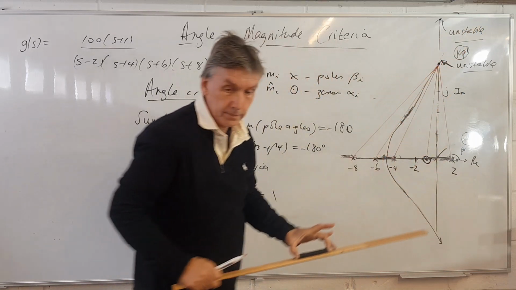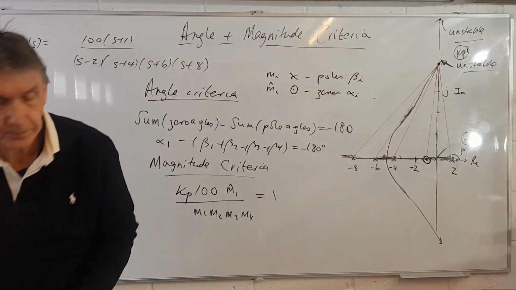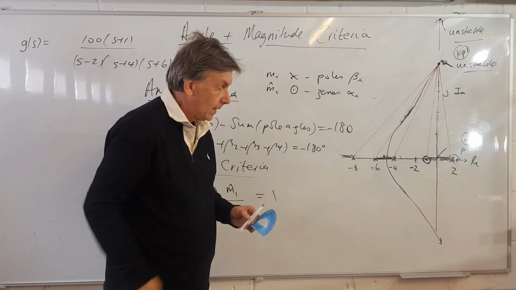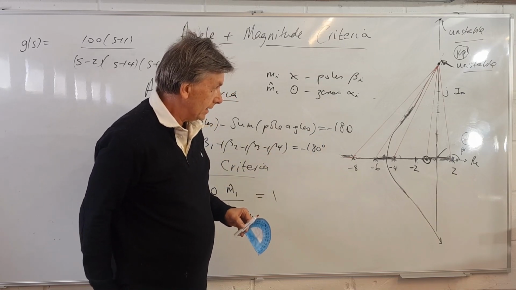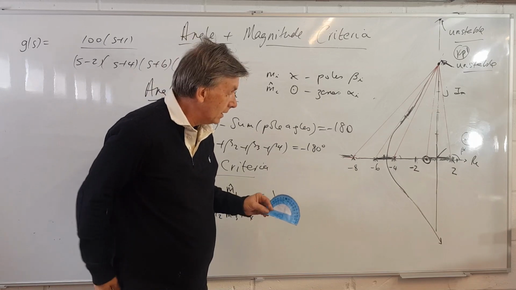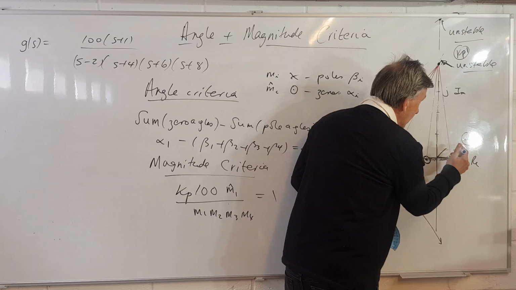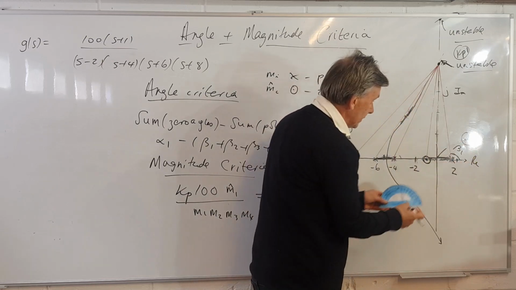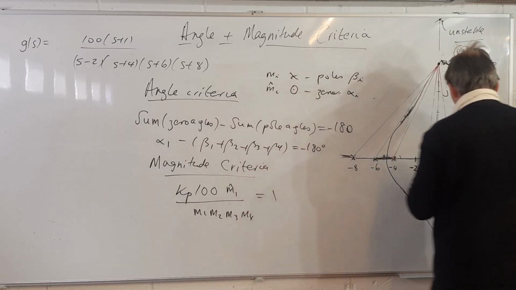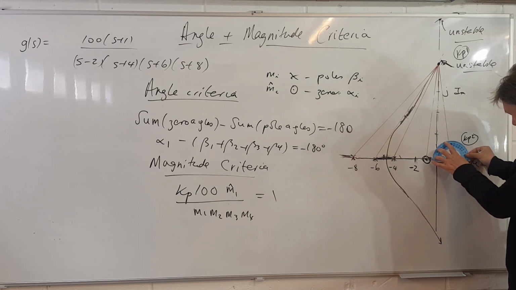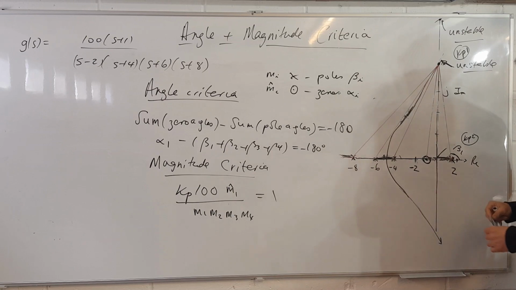So there's our straight lines, and then we bring out our protractor and we start to measure angles. Let's have a look at our angles now, and we can measure this angle here. It's a pole, so call it beta1. We can measure that angle, and it's probably about 108 degrees.